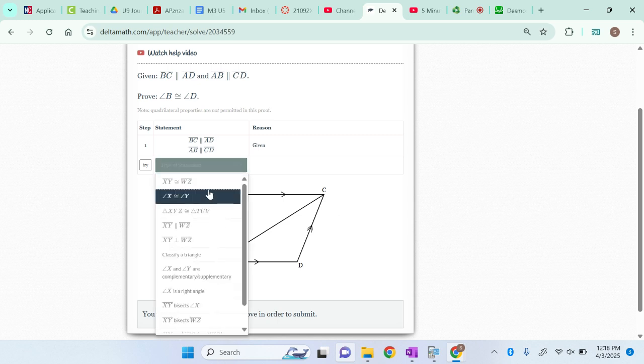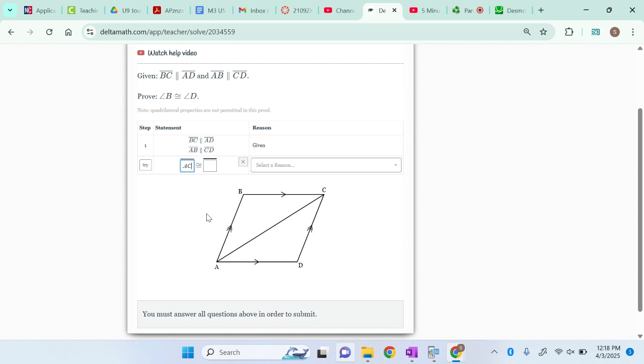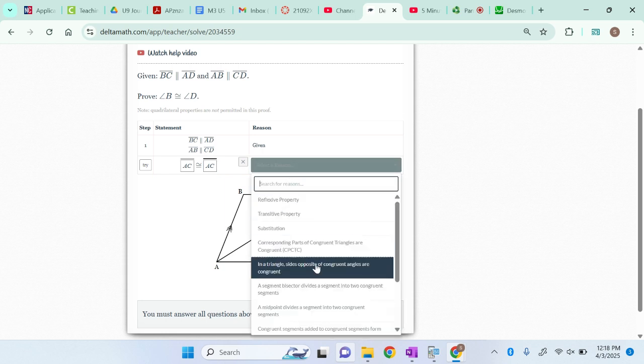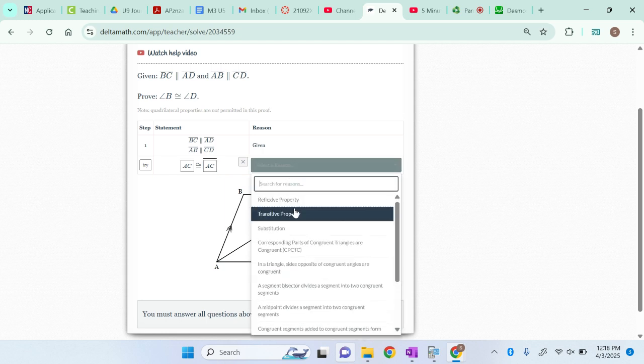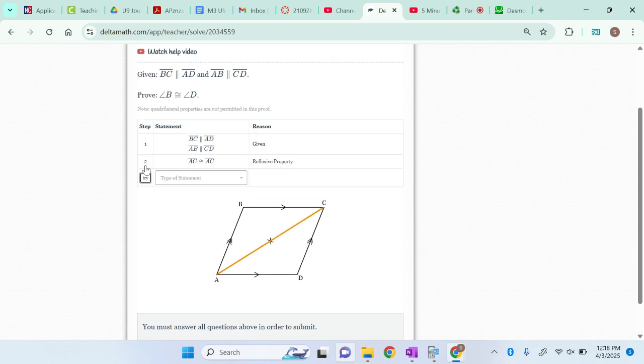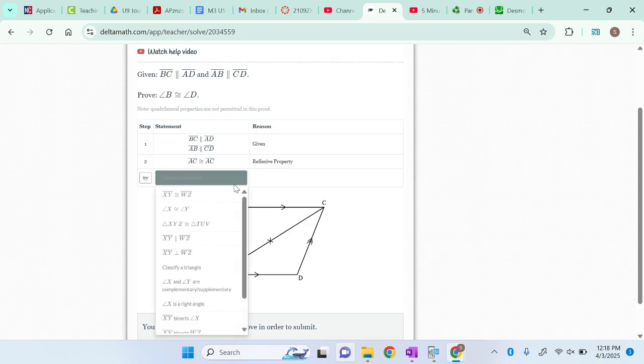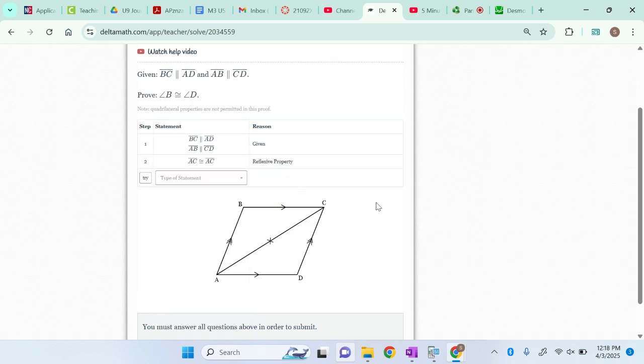So AC is congruent to AC because of the reflexive property. That's valid.